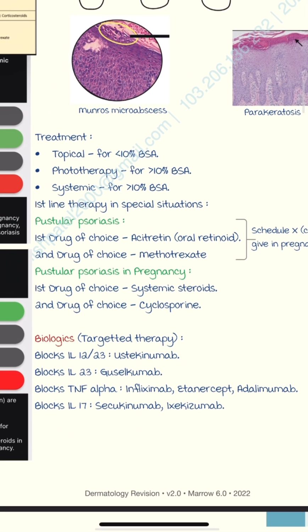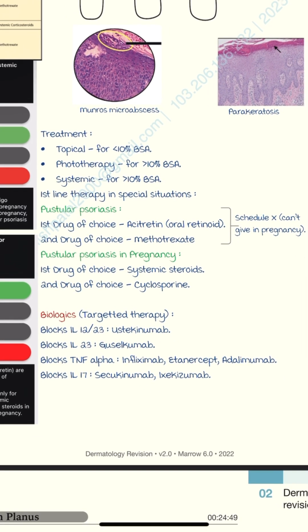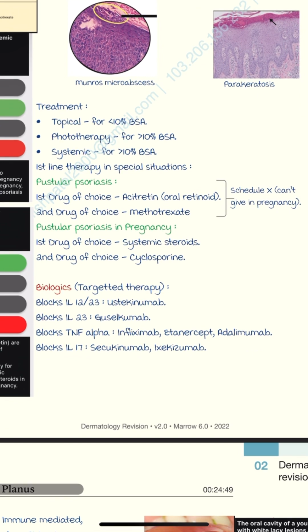Treatment includes topical therapy for less than 10% of the body surface area involved, phototherapy for more than 10%, and systemic therapy for more than 10%. First-line therapy in special situations like pustular psoriasis is acitretin, which is an oral retinoid. Second drug of choice for pustular psoriasis is methotrexate. In pustular psoriasis of pregnancy, the first drug of choice is systemic steroids, and the second drug of choice is cyclosporine.